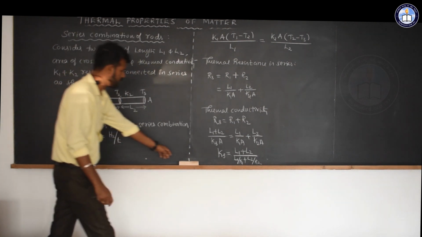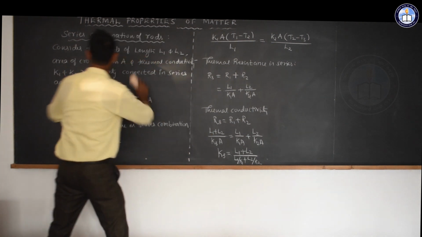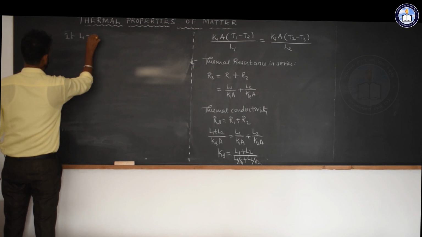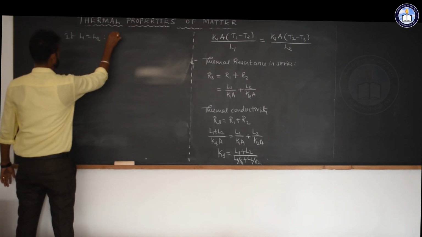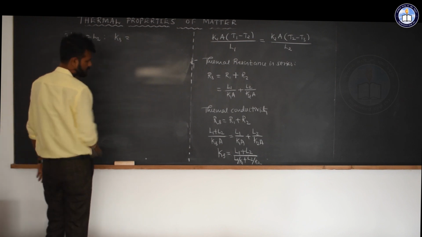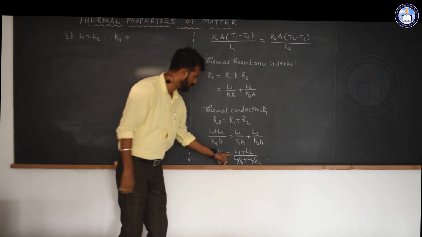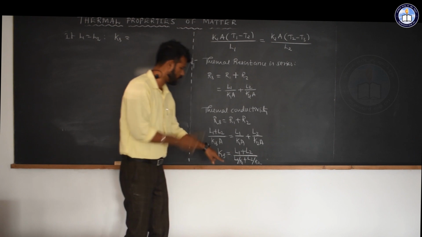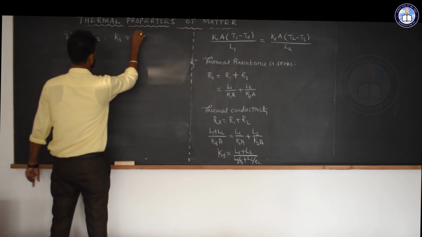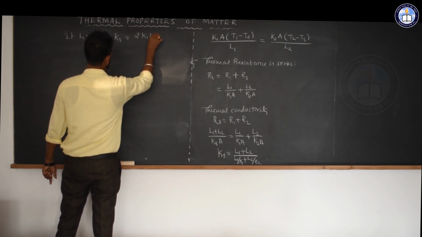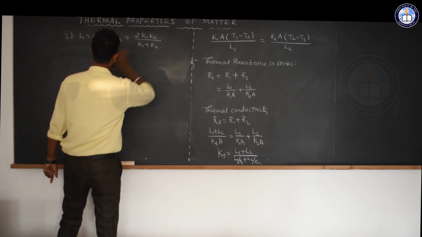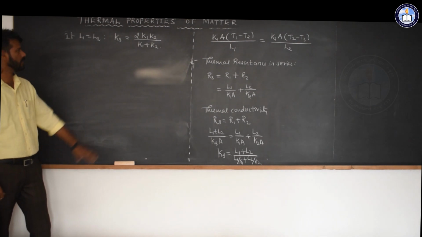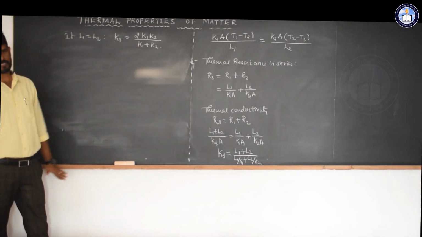Now further, suppose we consider the lengths L1 equal to L2. Then what about Ks? This is 2L, divided by L by K1 plus L by K2. L cancels, and that becomes 2 K1 K2 divided by K1 plus K2. So this is how we can calculate thermal conductivity in series combination.